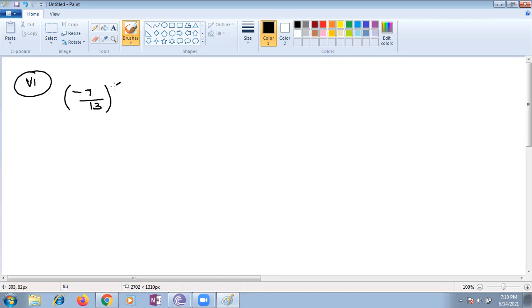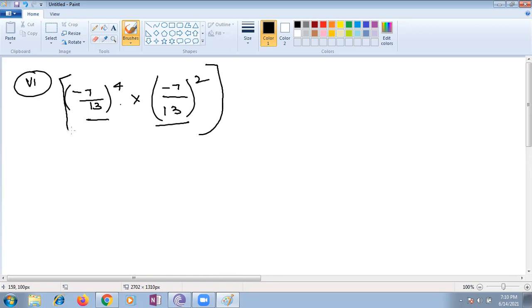So this becomes minus 7 by 13 whole power 4 multiplied with minus 7 by 13 whole square, and then minus 7 by 13 whole square. By seeing it, you can observe here, ma'am, the bases are the same. The question only you can see, children. See the question, what you are supposed to do.